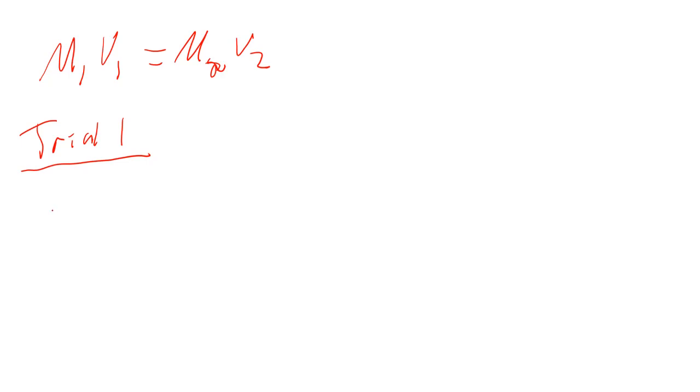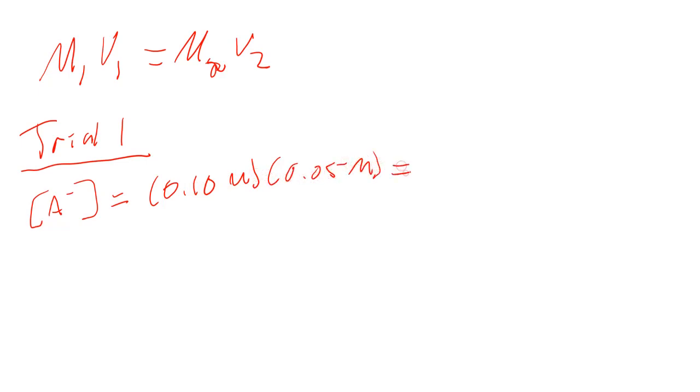So for trial 1, for A negative, we added 5 milliliters of our A negative, and we started with a concentration of 0.10 molar. And then we diluted this to a total volume of 55 milliliters.